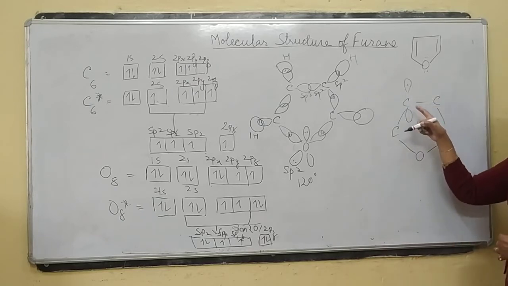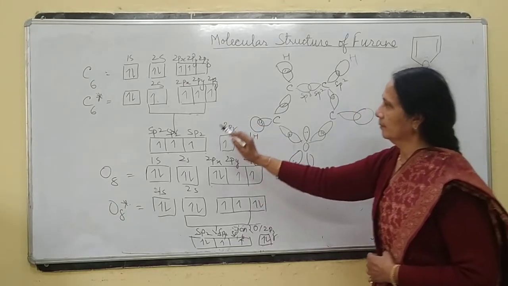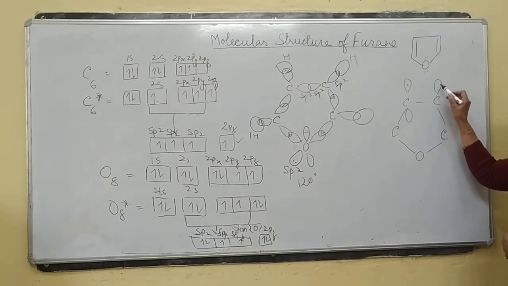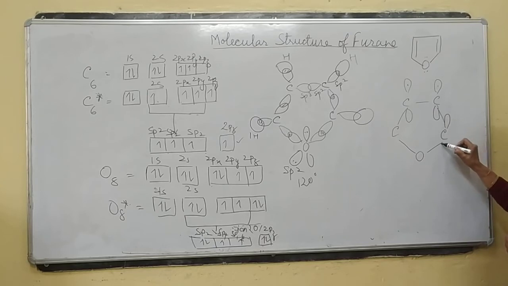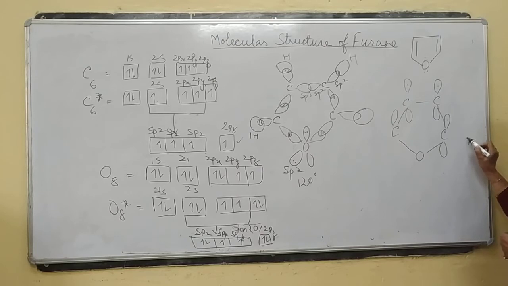This carbon atom's pz orbital having 1 electron each has sidewise overlap with this carbon atom's pz orbital, forming a pi bond.